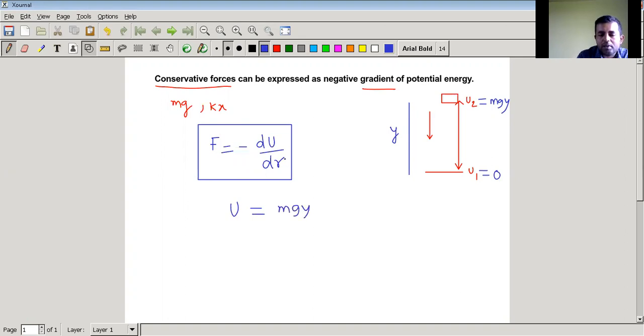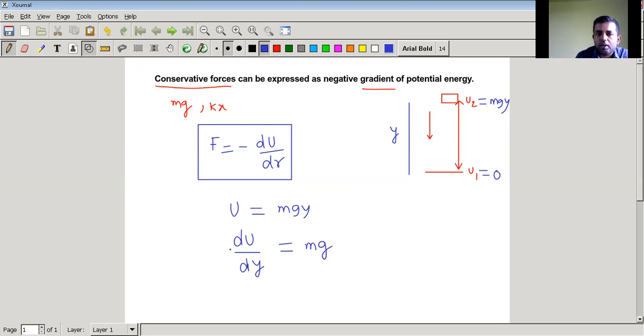Now r is nothing but the distance, so in our case it will be y. Since m and g are constant, if I find dU by dy, the differentiation of U with respect to y, I will get mg, right?